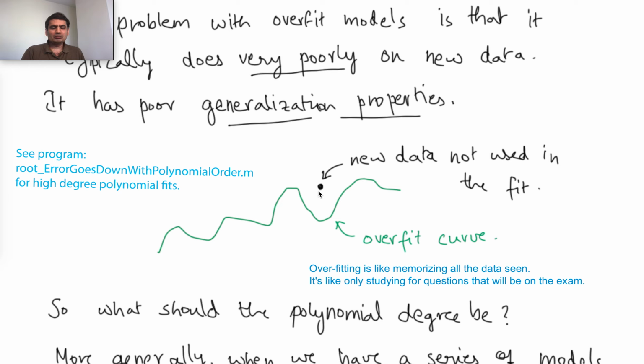As an analogy related to studying for an exam, overfitting is like studying only the questions that will be on the exam. Not exactly, but kind of like that. And if you ask a question that's not among the questions that you've studied for, that sort of thing might not generalize very well.